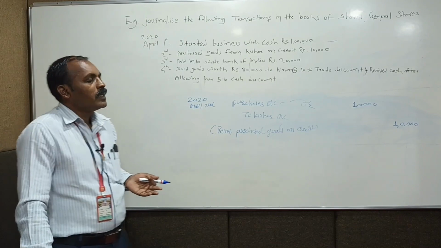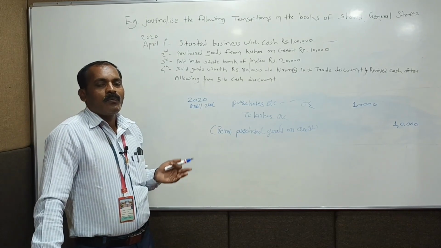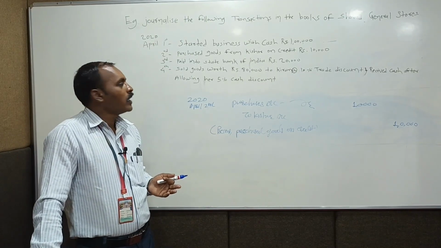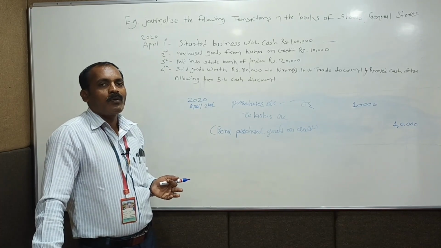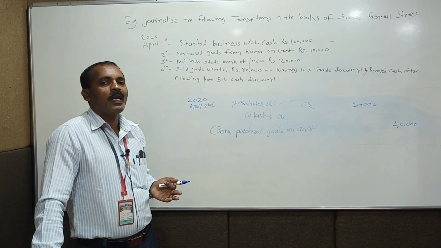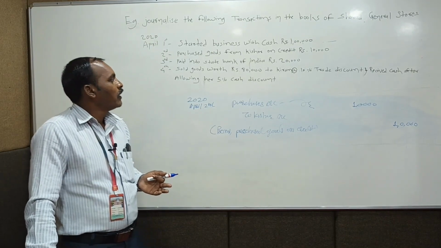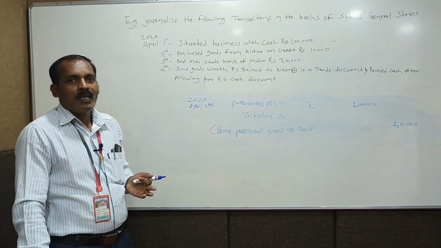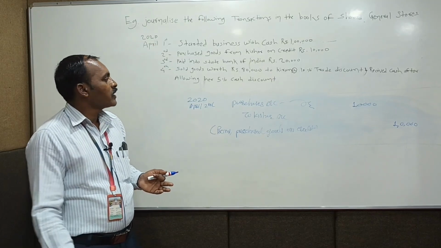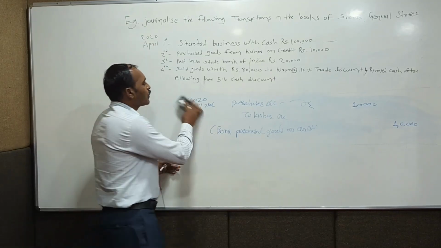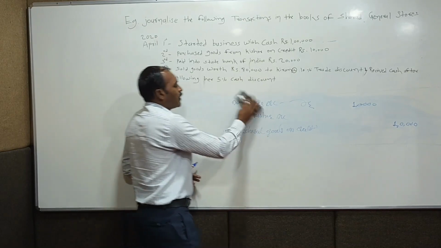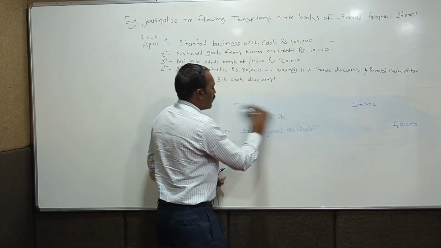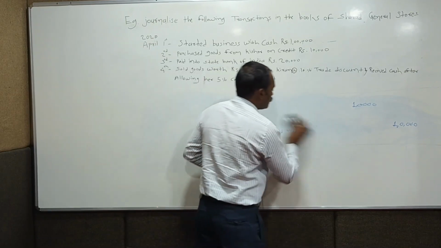State Bank of India is an artificial person, so it is related to personal accounts, and cash is related to real accounts. So the applicable rules are: for a personal account, debit the receiver and credit the giver, and the real account rule is debit what comes in and credit what goes out. In that transaction, cash goes out of the business, so the cash account is a credit, and State Bank of India is the receiver, so State Bank of India account is a debit.